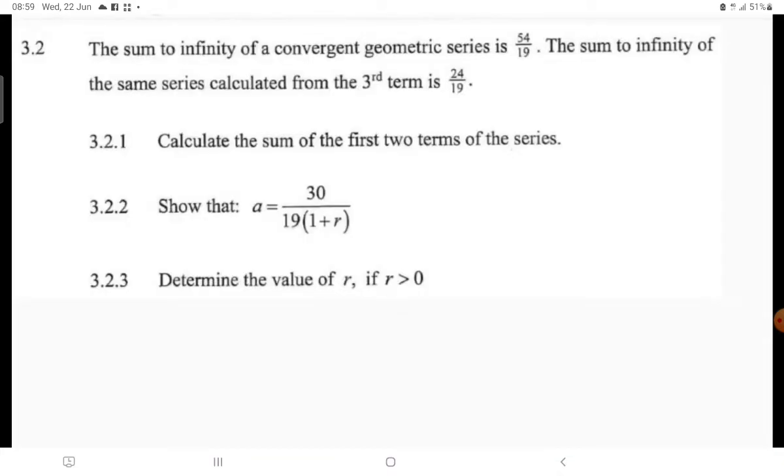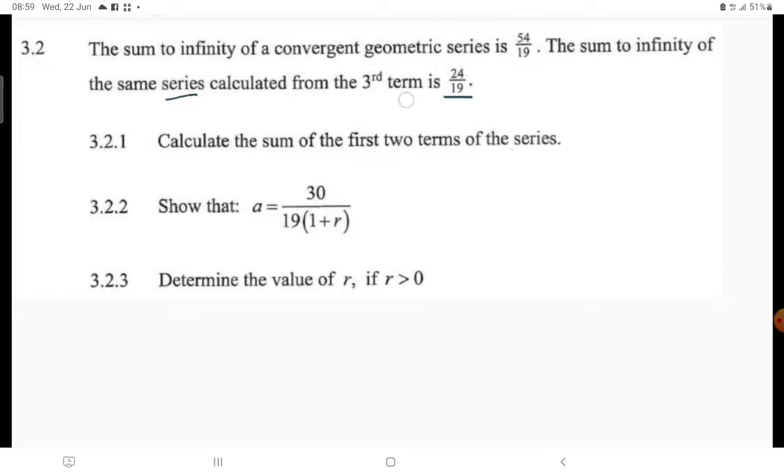The sum to infinity of a convergent geometric series is equal to 54/19. And the sum to infinity of the same series calculated from the third term is 24 over 19. So the question says calculate the sum of the first two terms of the series.